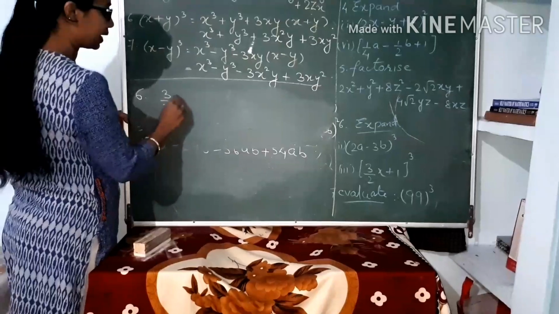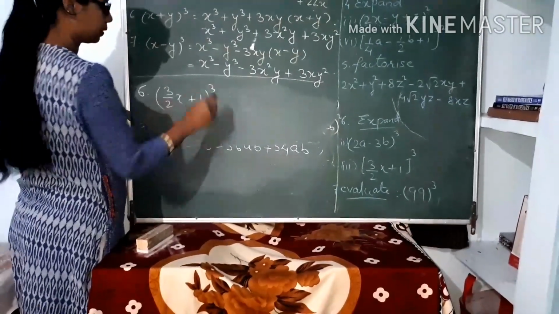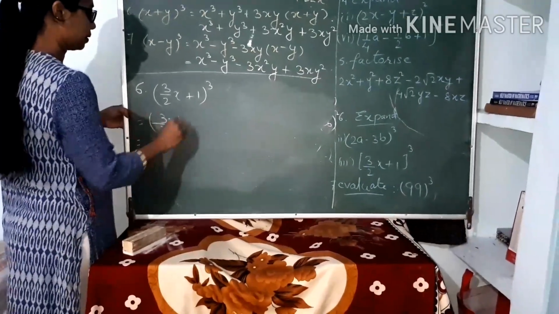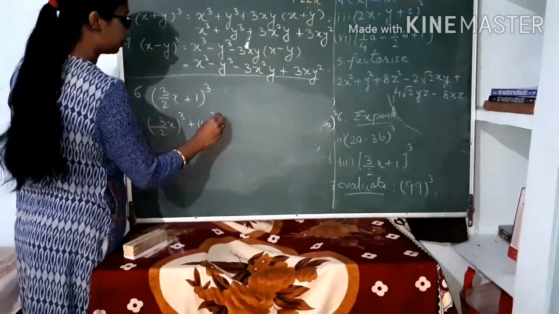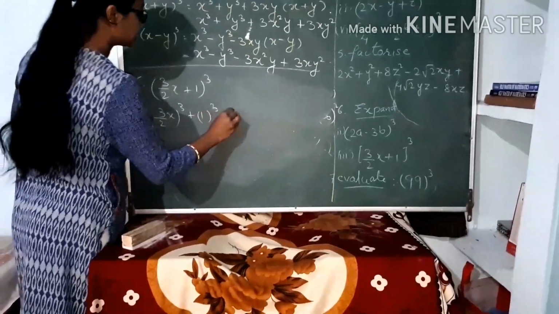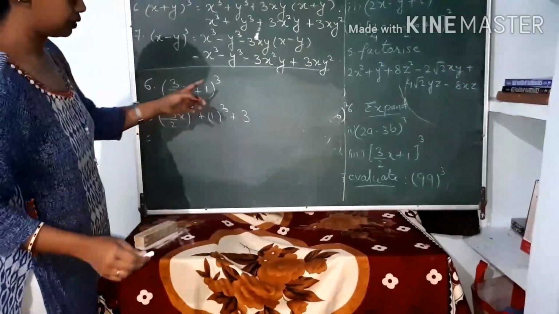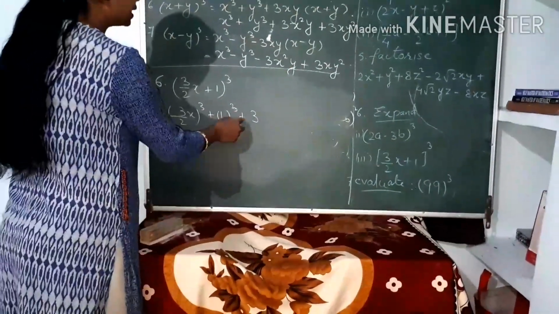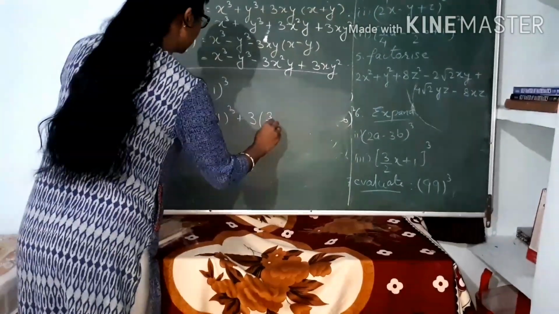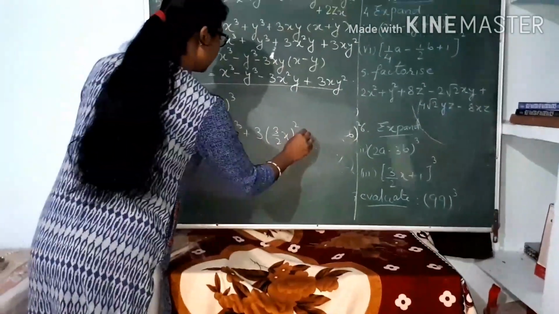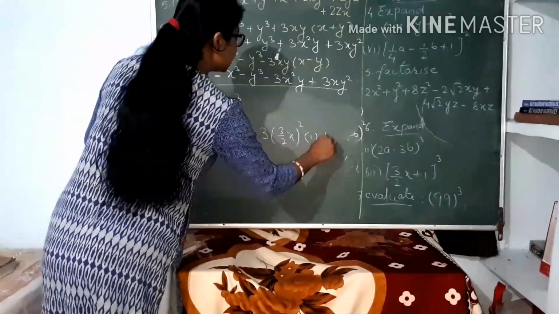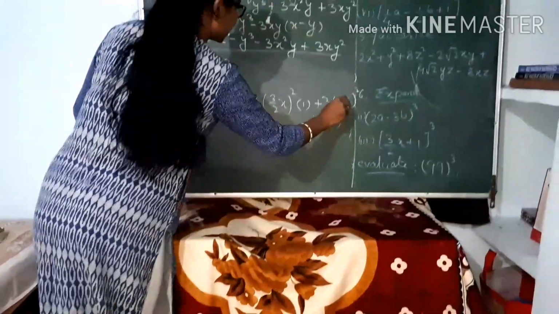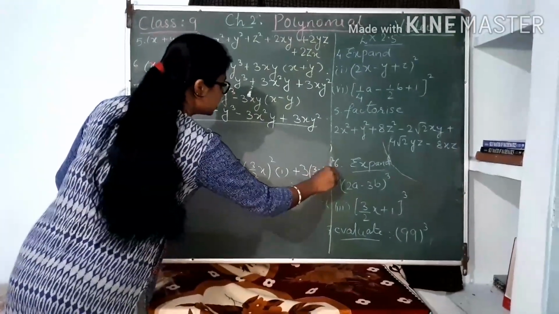This is 3 by 2 x plus 1 whole cube. a cube plus b cube plus 3, take care of the positive and negative sign, that was plus sign, plus 3 into 3 by 2 x whole square into 1, then plus 3 into 3 by 2 x into 1 square.